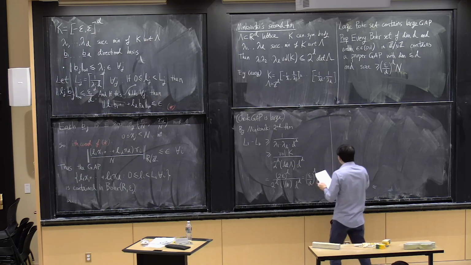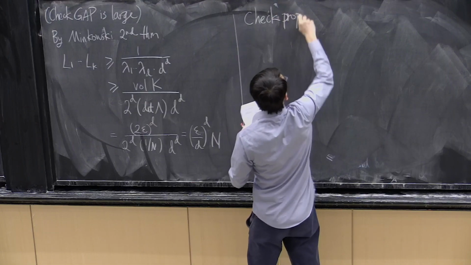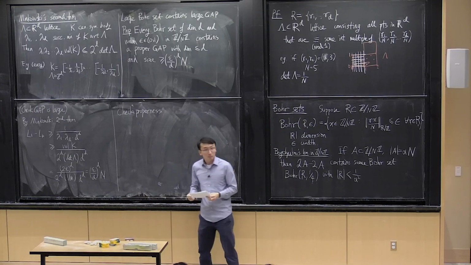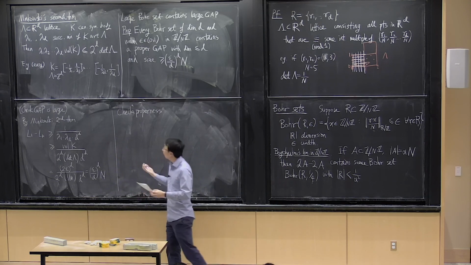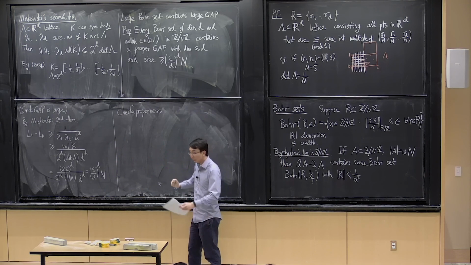The second thing that we need to check is properness. What does it mean to be proper? We just want to know that you don't have two different ways of representing the same term in the GAP.